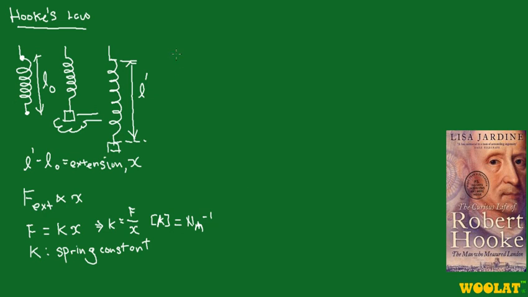Okay, so if force is directly proportional to my extension, then if I were to plot a graph of force and the extension, this is clearly a graph of y equals kx expression.